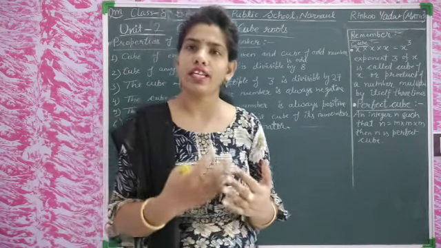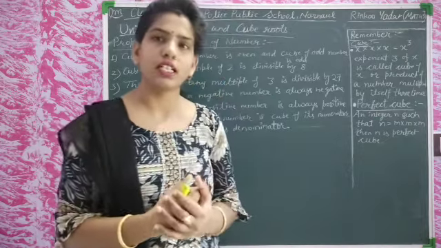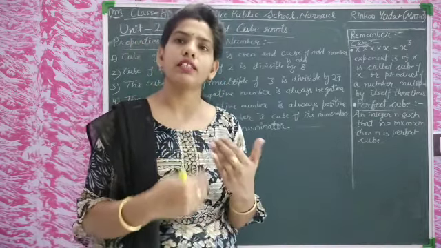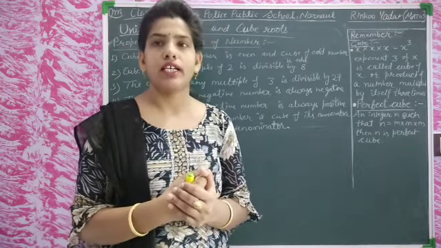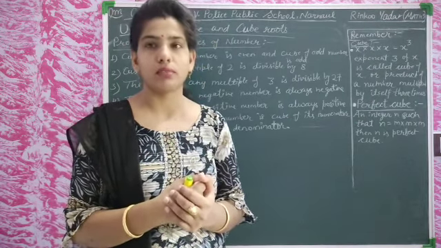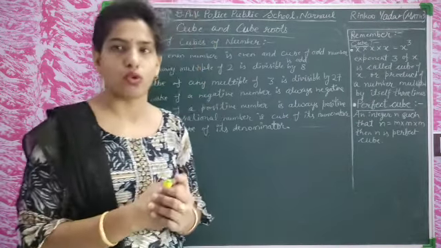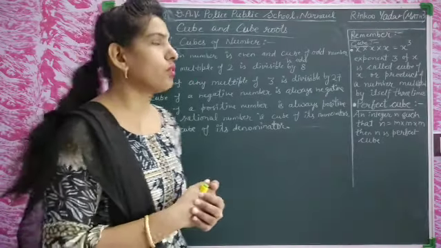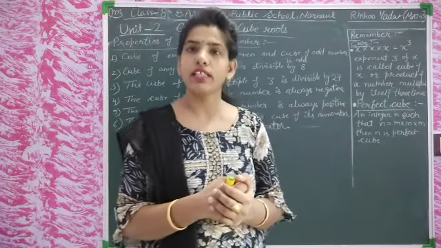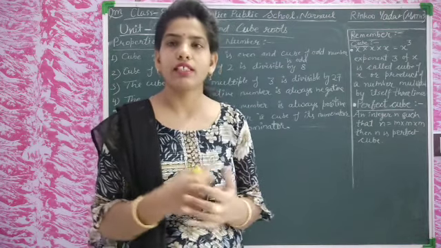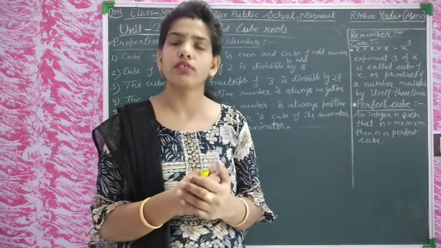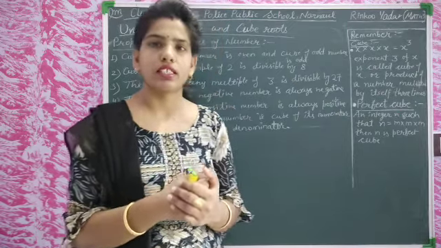But if any number has a power in rational number form, like 1 by 3, 1 by 2, 1 by 9, or nth power, then how can we solve it? So there are names such as square roots and cube roots, and fourth root, fifth root like this.